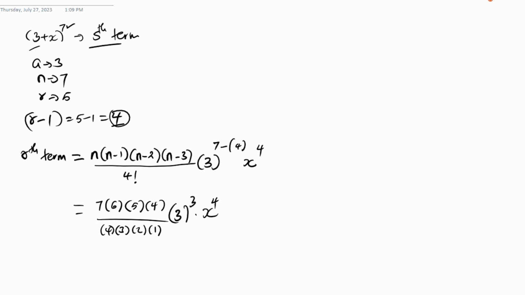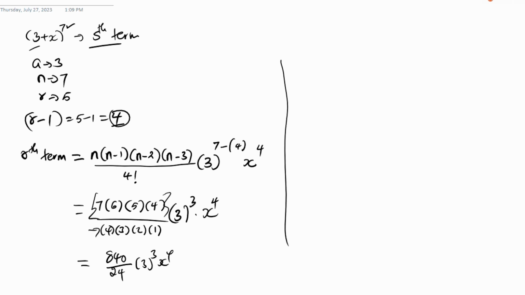This one simplifies to: the numerator gives you a value of 840, divided by 24, multiplied by 3 raised to 3 x raised to 4.